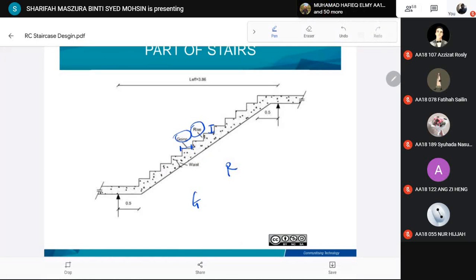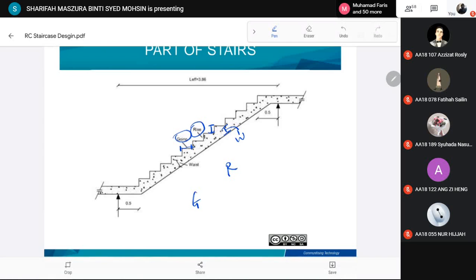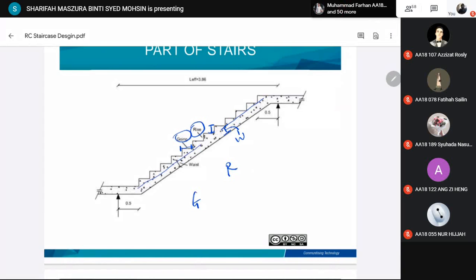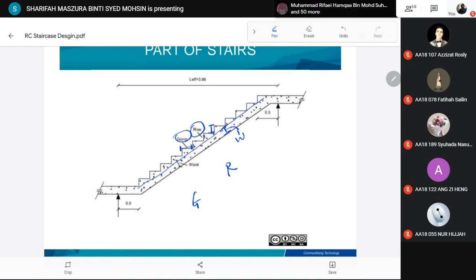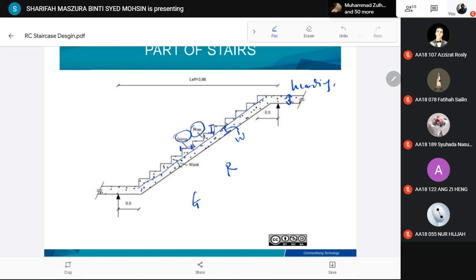And then we have H, the height of the waist. We call it the height of the waist or thickness of the waist. So this is the height of the stairs without the going and rise. Then we have the height of the landing. Okay. So going, riser, waist, then landing.